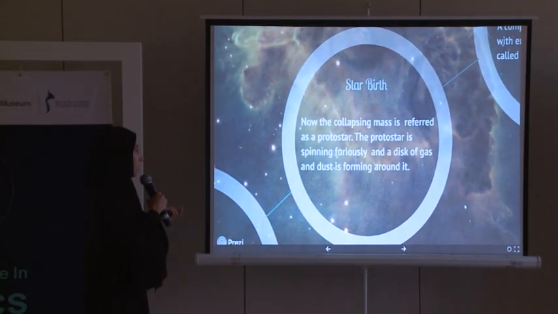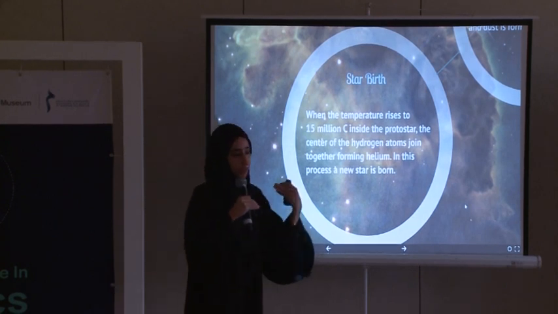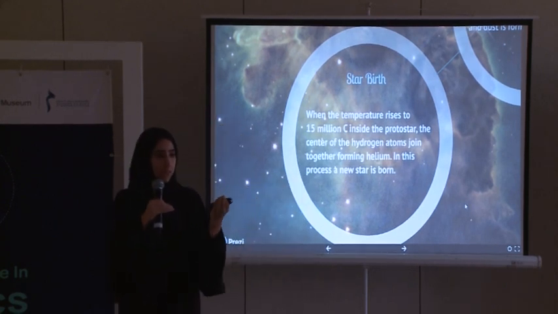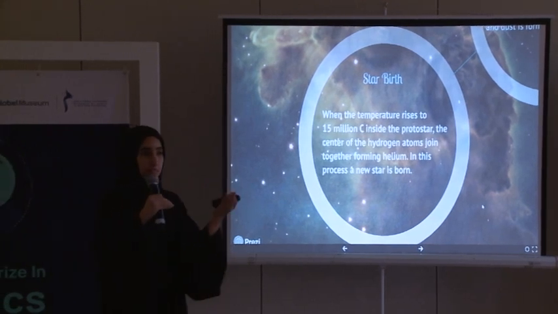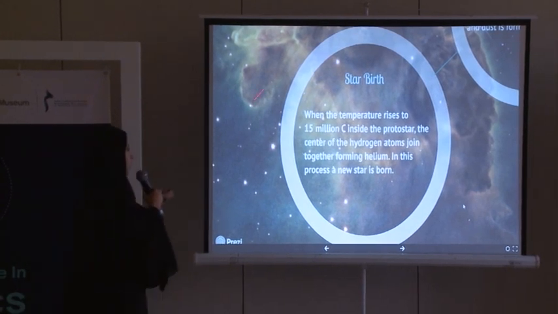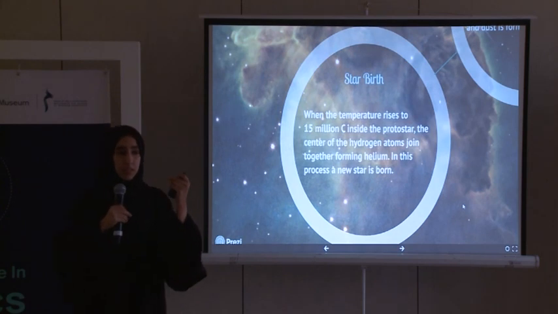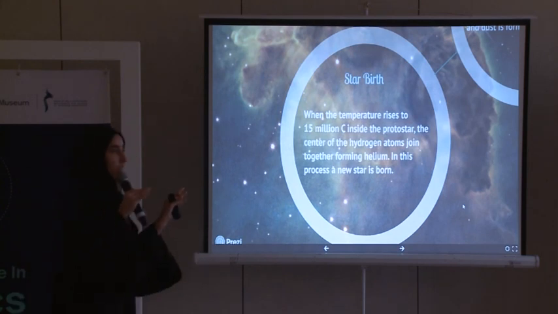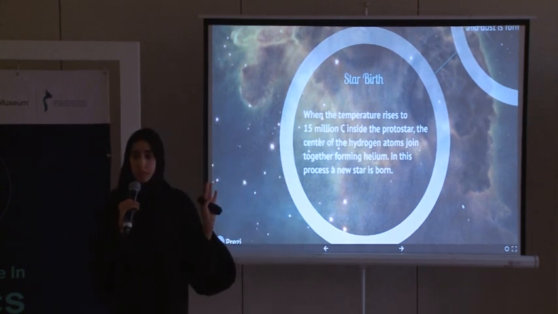So from this action, as the temperature reaches 15 million degrees Celsius, we already talked about the elements in the gases, right? The dominant element is hydrogen. So when we reach that temperature, the hydrogen atoms start to fuse. It starts a nuclear fusion to helium. And when this happens, a new star is born. So this is how stars get born.